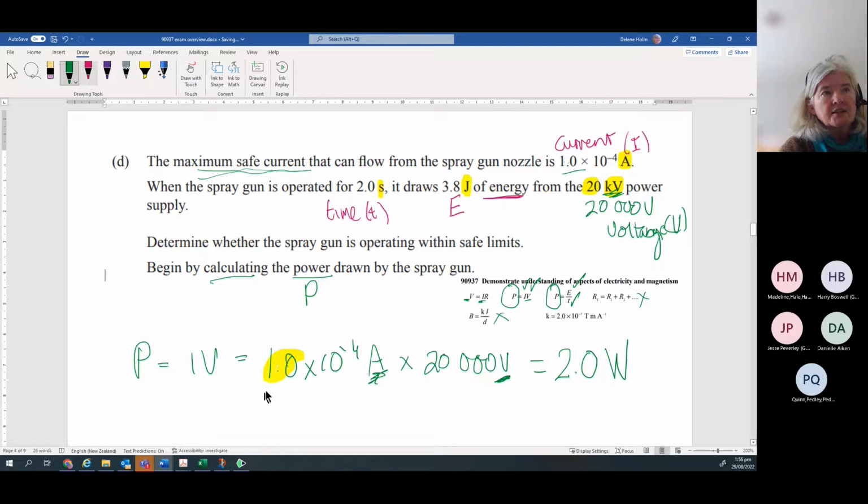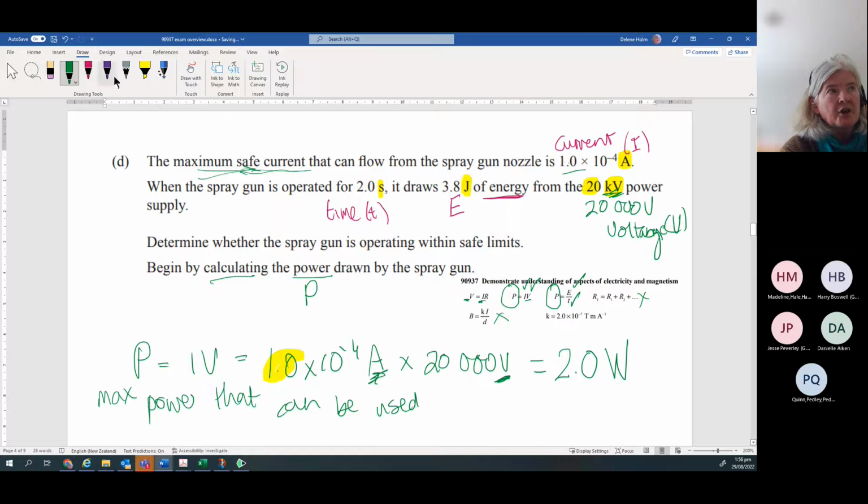So what I've done is I haven't calculated whether this is the power that is actually in the spray gun. I have calculated the maximum power that can be used to be used safely, okay, because that's a safe one.